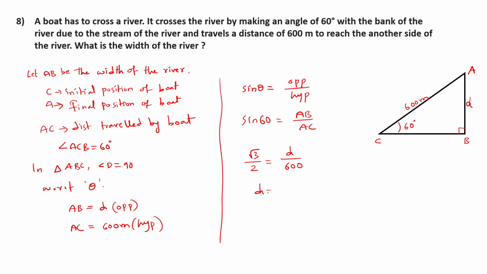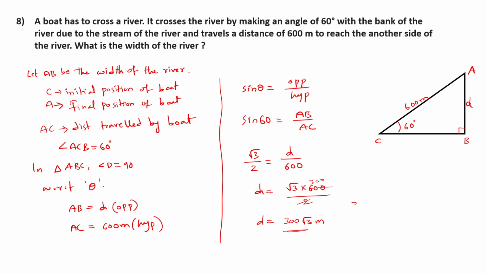Now transposing, root 3 into 600 by 2. 2 ones are 2, 3s are 300. So answer is D is equal to 300 root 3 meters.